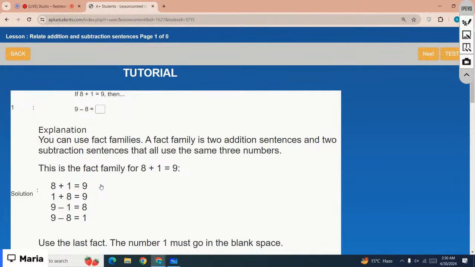A fact family is two addition sentences and two subtraction sentences. They all use the same three numbers, just the order of the numbers is different. Here you have 8 plus 1 equals 9. So the subtraction fact is 9 take away 8 is 1. When you subtract 9 minus 8, the answer is 1, right?